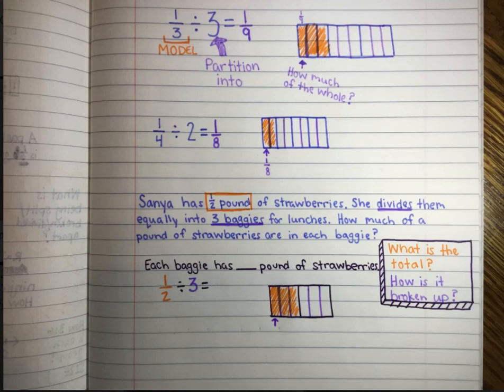That one baggie of the entire pound would be 1/6 because there's 6 pieces making our whole. So 1/2 pound divided by 3 is 1/6. So each baggie has 1/6 pound of strawberries. And that is reasonable because our quotient, how much goes into one baggie, is less than what we started with.